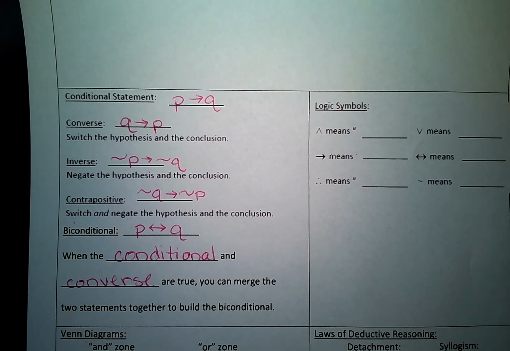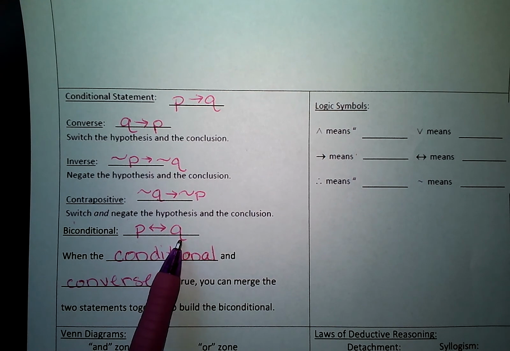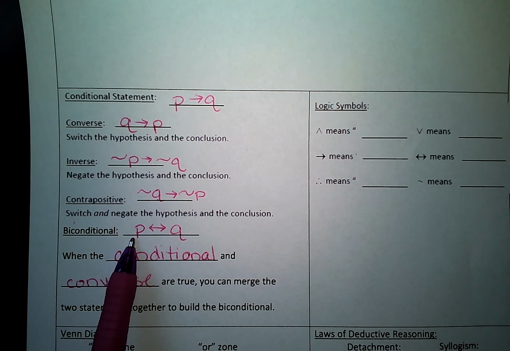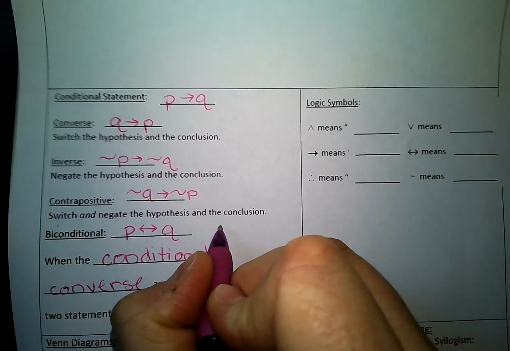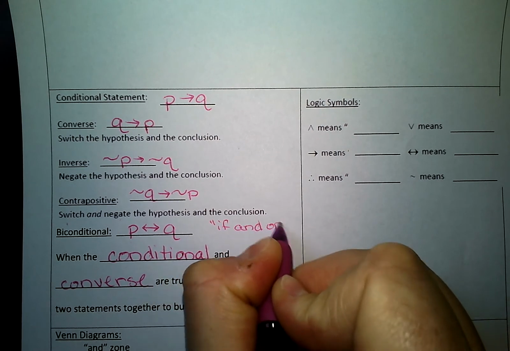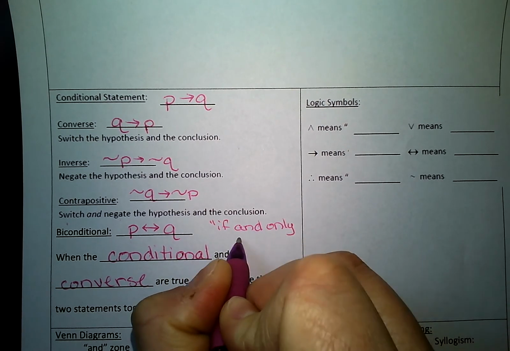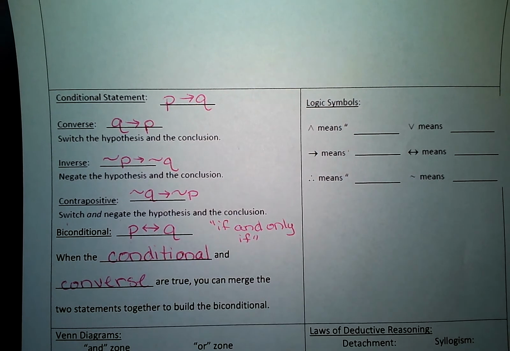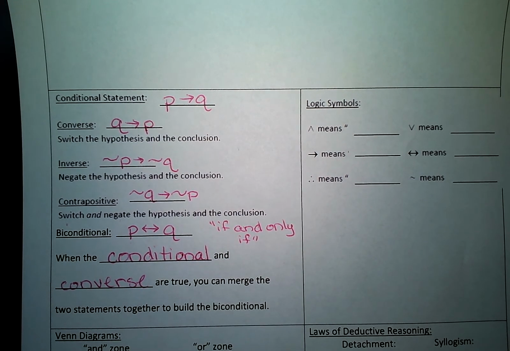We use this symbolism to show that we could read the statement forward as the conditional statement, or we could read it backwards as the converse statement. There's a very special phrase that belongs to the biconditional statement, and that's the phrase, if and only if. You'll see that phrase pop up when you're reading a biconditional statement.